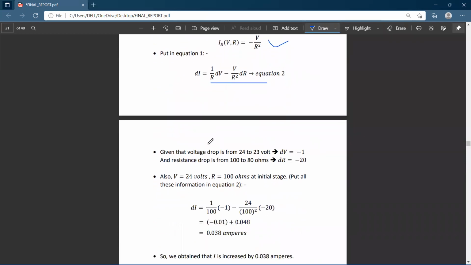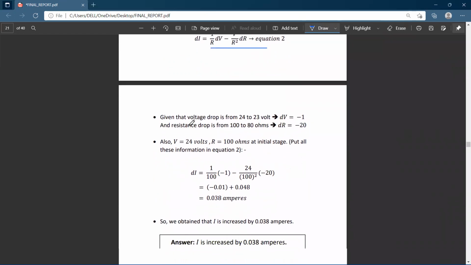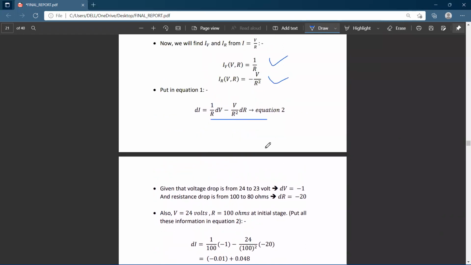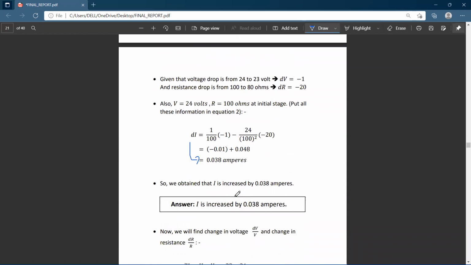Now it is given that the voltage dropped by 1 volt. The initial voltage is 24 and the current voltage is 23, so the difference is -1. Similarly for resistance, the initial value was 100 and now it is 80, so the drop of 20 means -20. Putting these values in equation 2, we obtain that the change in I will be 0.038 amperes.